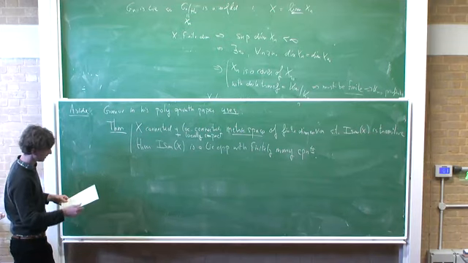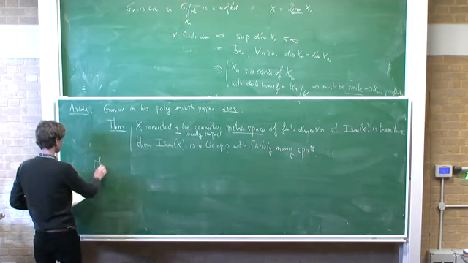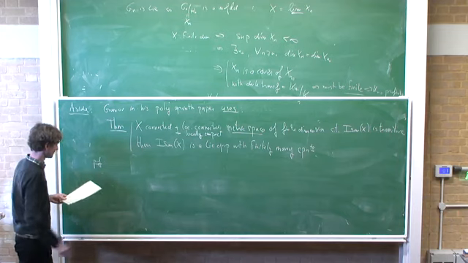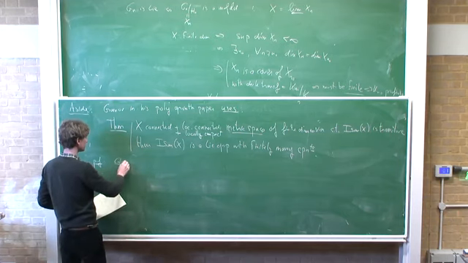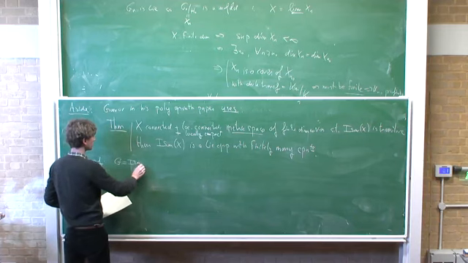And X is locally compact. So, because X is locally compact, G must also be locally compact.